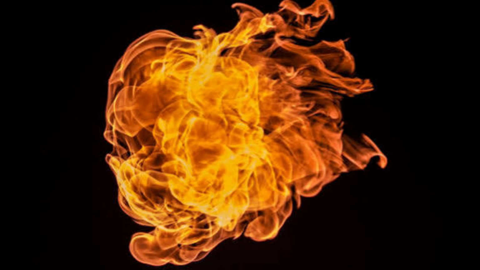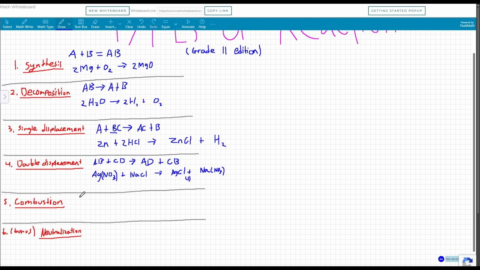So next reaction, combustion. The general formula is a hydrocarbon plus oxygen gives us carbon dioxide plus water.